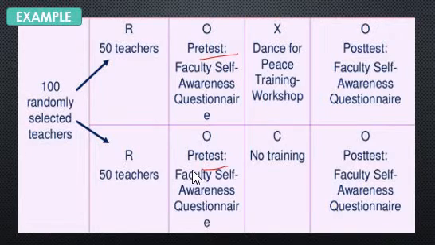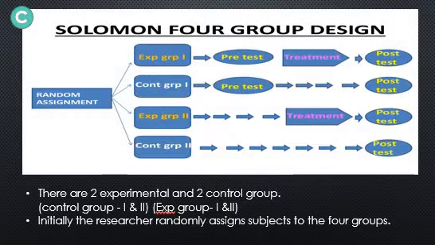Later the treatment is carried out on the experimental group only, and after the treatment, observation of the dependent variable is made on both the groups to examine the effect of manipulation of the independent variable on the dependent variable, which is given in the post-test.